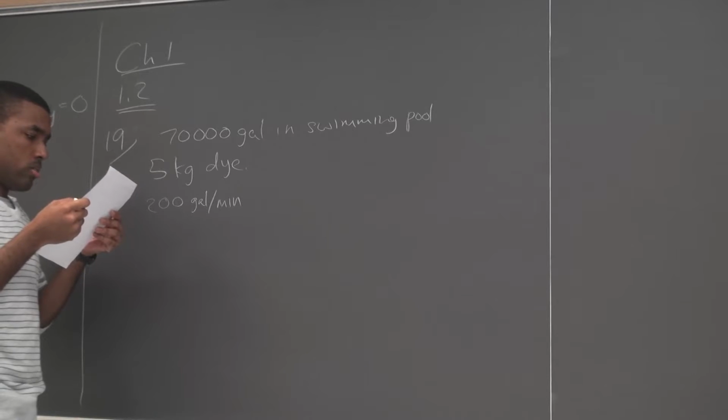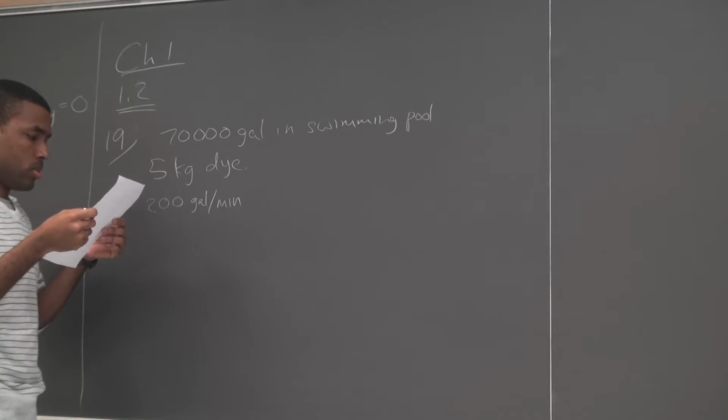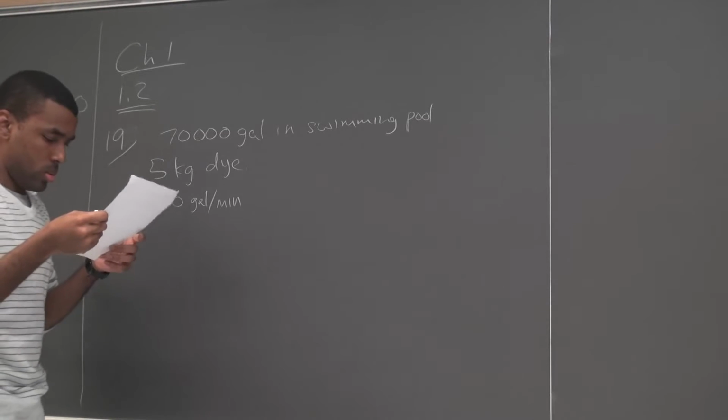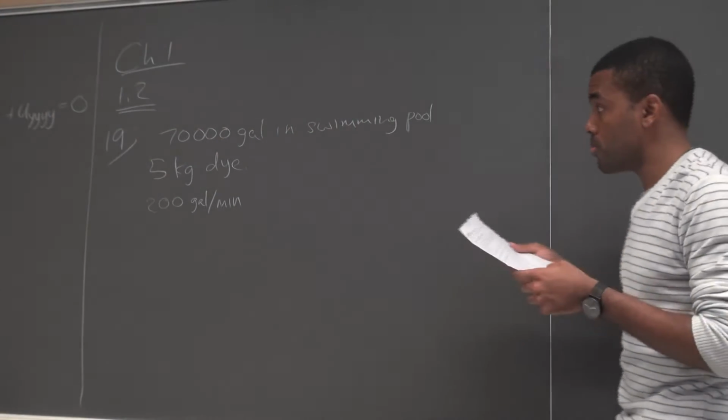What is the initial value problem for the filtering process? Q of T is the amount of dye. What is the initial amount of dye in the pool? Okay, so what do you think the answer is?